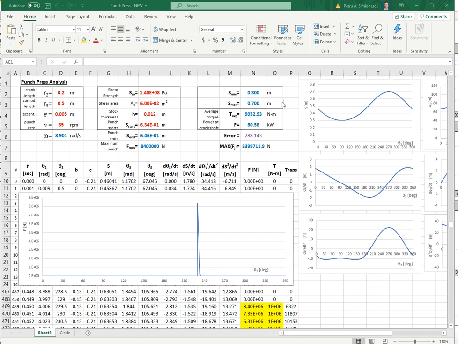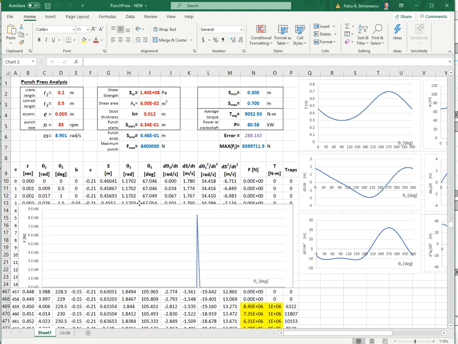Okay, so this is the way I organized my spreadsheet. I have some inputs showing in red input cells, and I labeled them. R_2_3, eccentricity, the RPM.